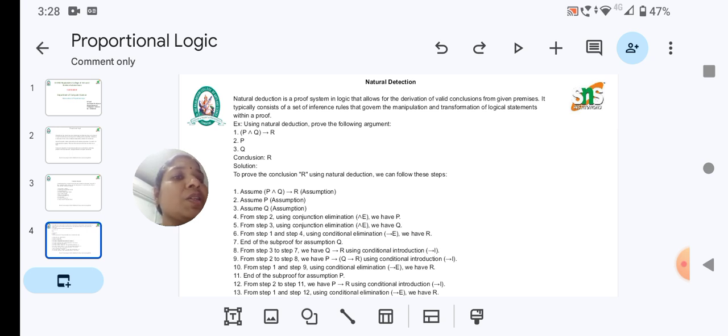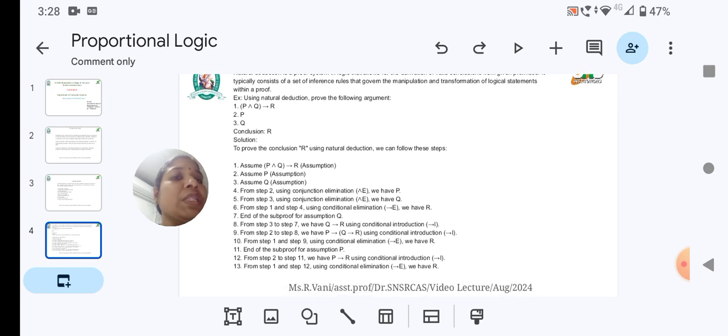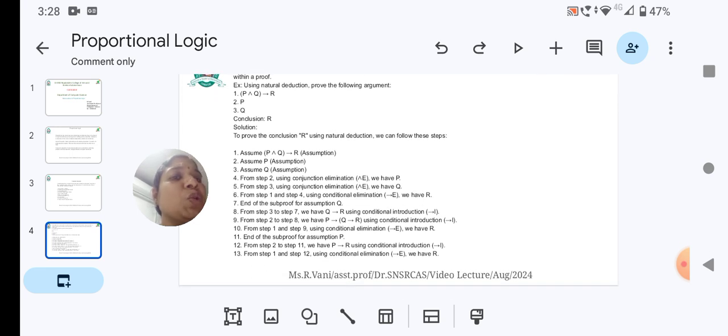Using natural deduction, we follow these steps. Here we assume P conjunction Q implies R, then we separate P and Q and assume them. After that we follow the steps using conjunction introduction and conjunction elimination.